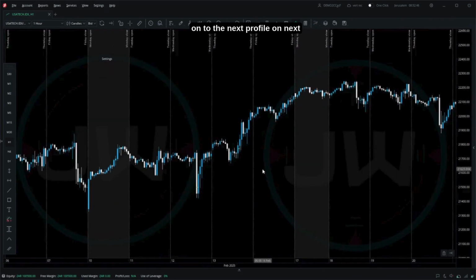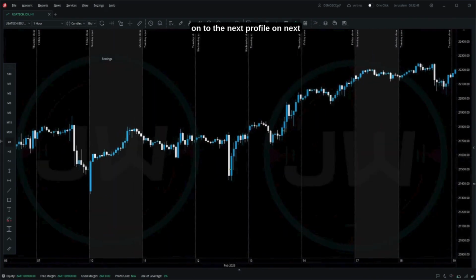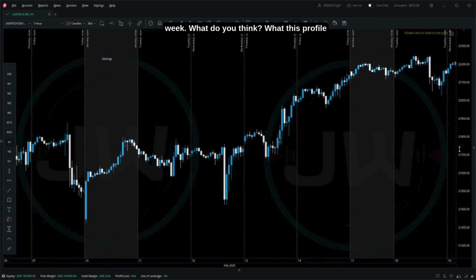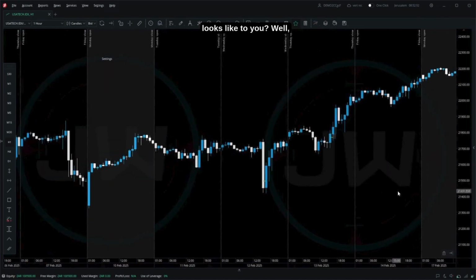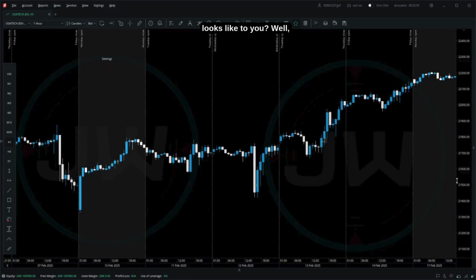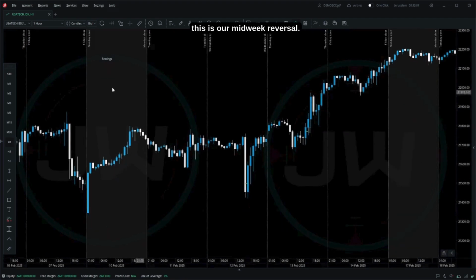If we move on to the next profile on the next week, what do you think this profile looks like to you? Well, this is our midweek reversal. Remember, sometimes Monday can be our outlier, where price will retrace to and look for a PD array within Monday. And I mentioned correlating pairs.